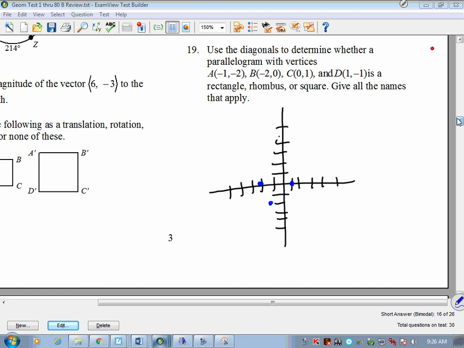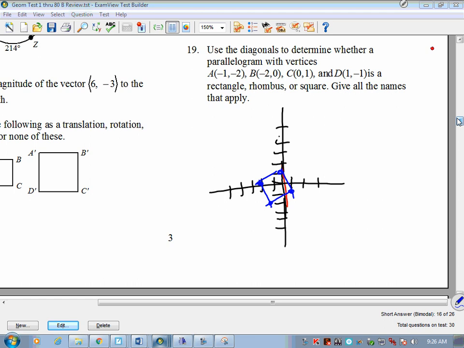Let's make sure I didn't mess this up. Oh, my bad, I didn't mess up. So I have a shape that looks like that.